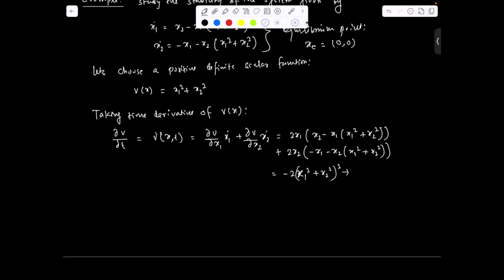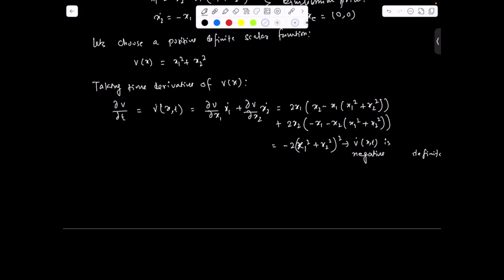So from this expression, it is clear that V dot of x, t is negative definite. Now we'll check how the system is going to behave at the equilibrium point. At x1, x2 equal to 0, we can find V dot of 0, t is basically 0.